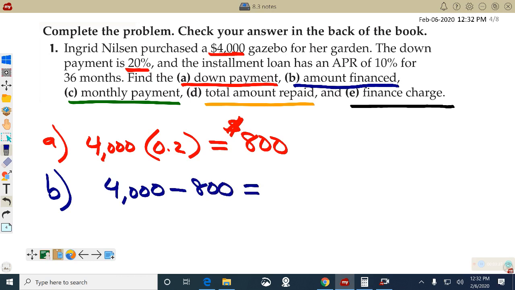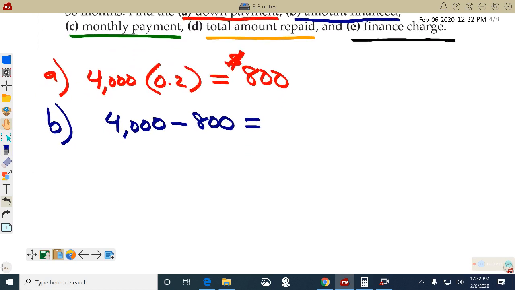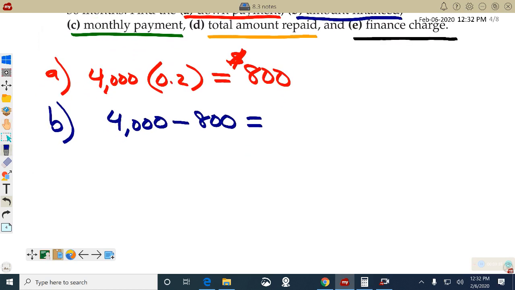This is basic logic, you guys. Basic life skills. How much is the bank going to lend you now? $3,200. The bank's going to give her $3,200, and she's going to pay that $3,200 in small installments, which are pieces every month.